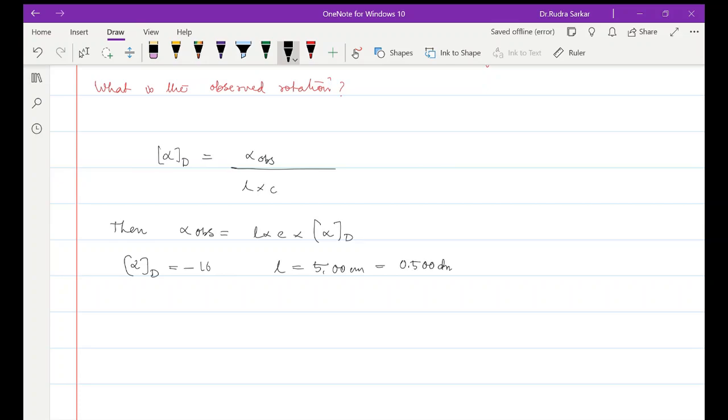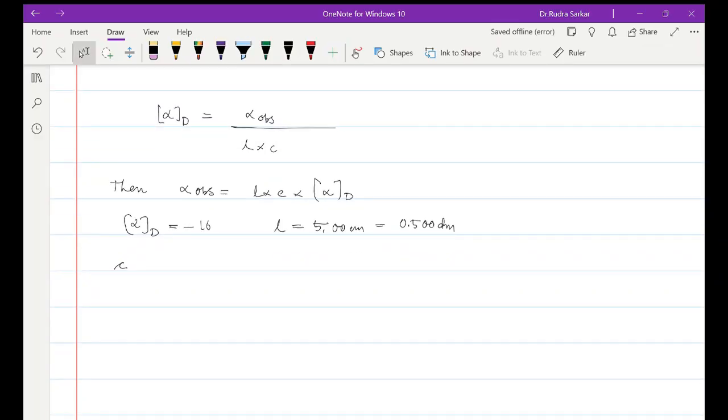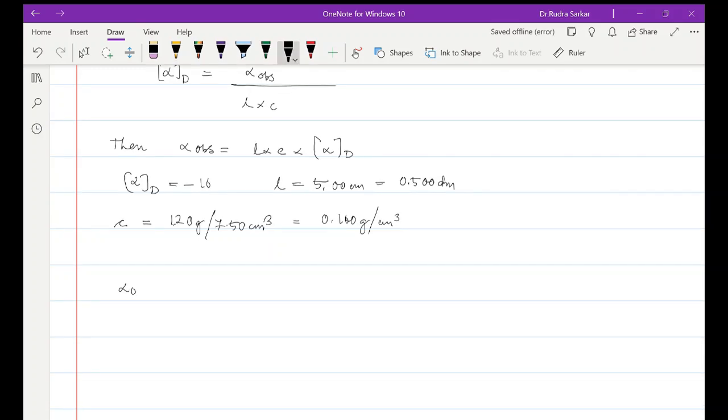So this will be your length. Concentration we have to convert to gram per ml. So it will be 1.20 gram divided by 7.50 centimeter cube, or we will say 0.60 gram per centimeter cube or ml, the same thing. And if we now do the math to calculate the alpha observed, -16 into 0.500 into 0.16, the solution will give us the answer as -1.3 degrees. Okay.